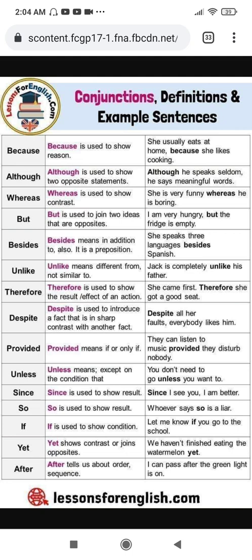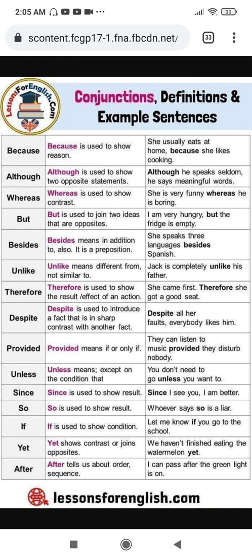Therefore, I could not attend my classes. So, in such cases, we use therefore, and this is obviously a very common conjunction. And also, see what's the example used here. She came first, therefore she got a good seat. Therefore means the effect or the result of something. Why did she get a good seat? Because she came first in the class. That's why she got a good seat.